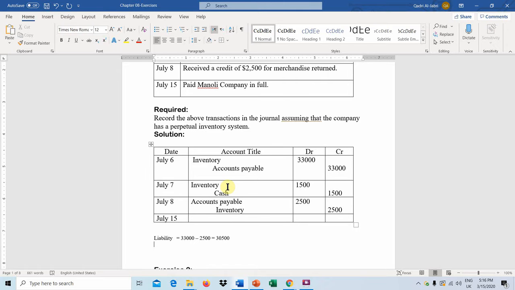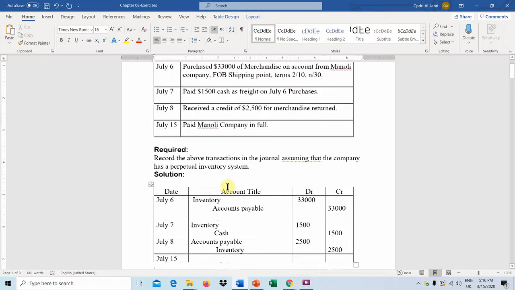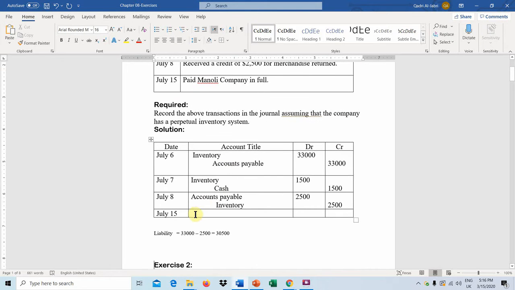But if you remember, we have a 2/10, n/30 credit discount. Based on this discount, if we pay within 10 days, and the purchase was on July 6, we have up to July 16 to get the discount. So we paid on July 15, so for sure we will get the discount.